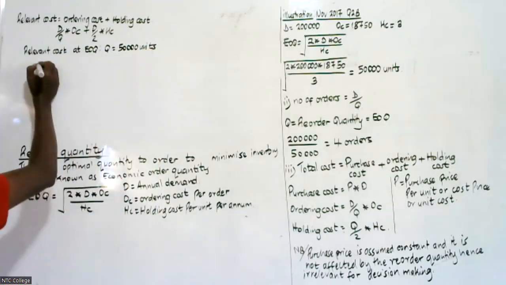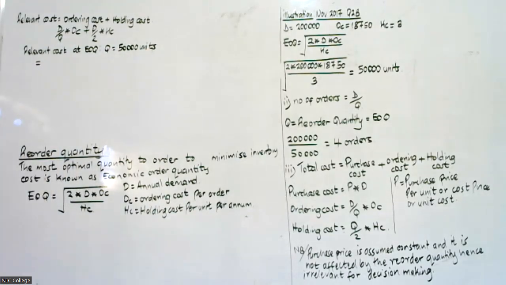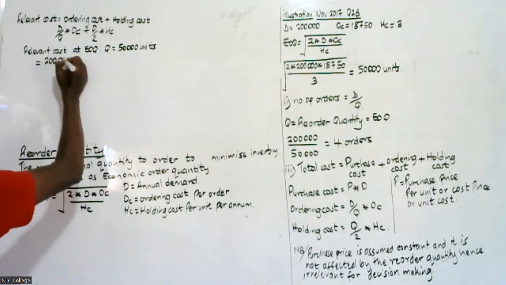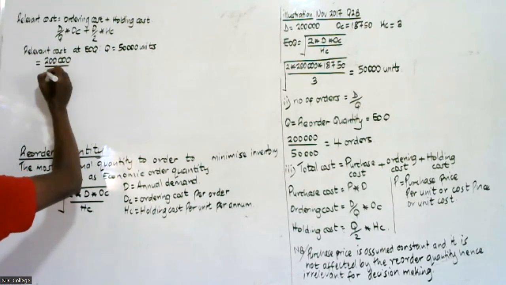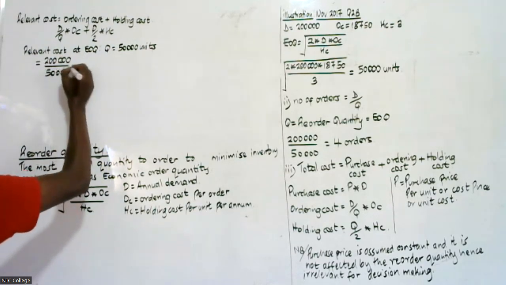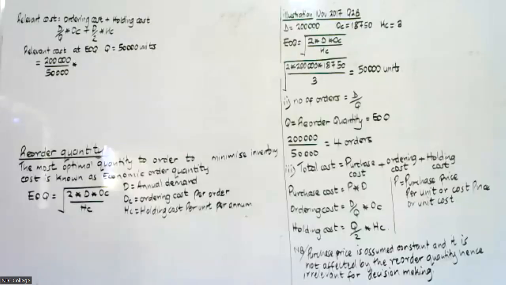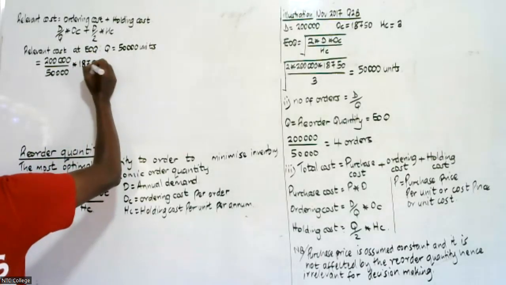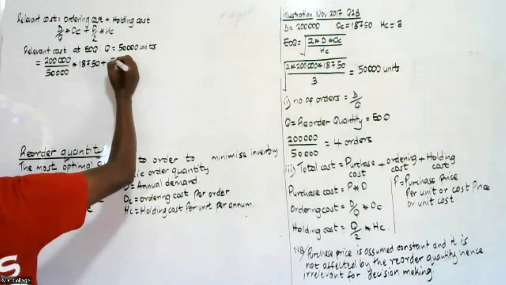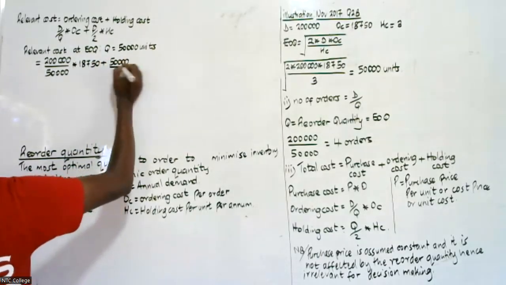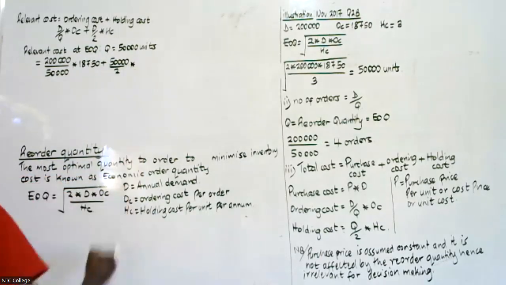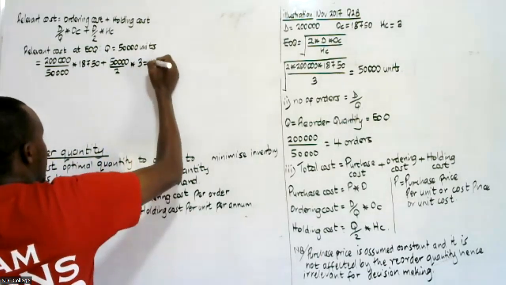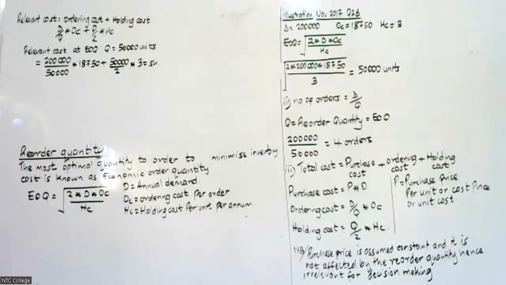So you're going to say your relevant cost will be your annual demand, 200,000, divided by 50,000 times your ordering cost per order of 18,750, plus 50,000 divided by 2 times holding cost of 3 shillings.